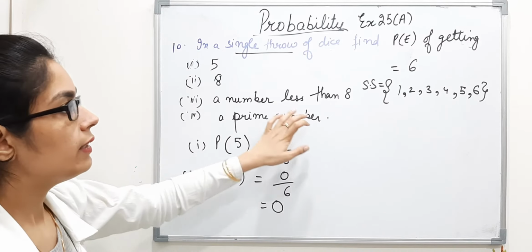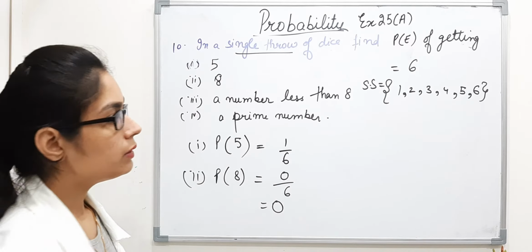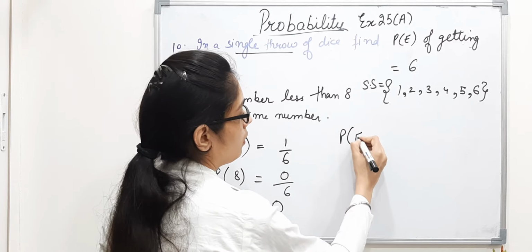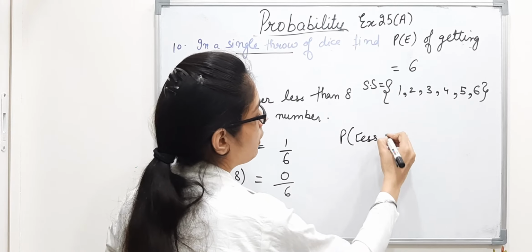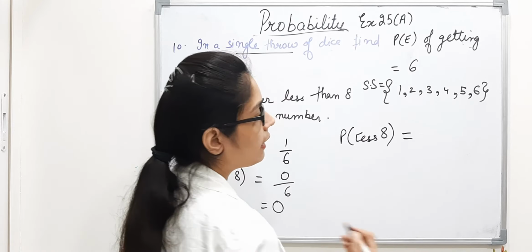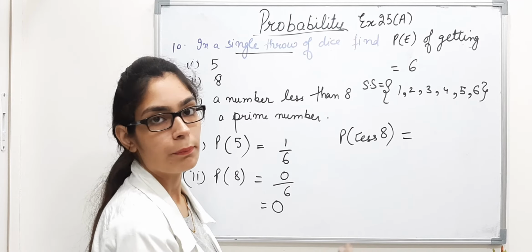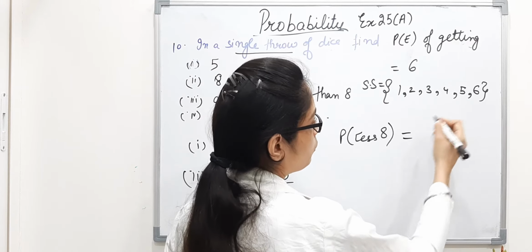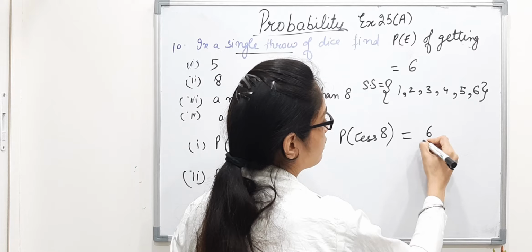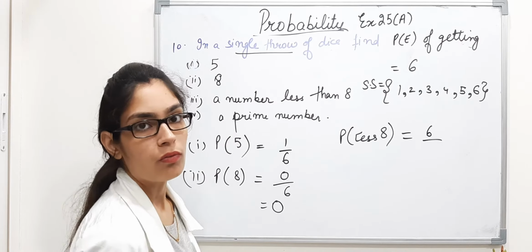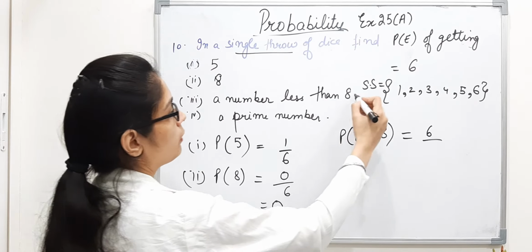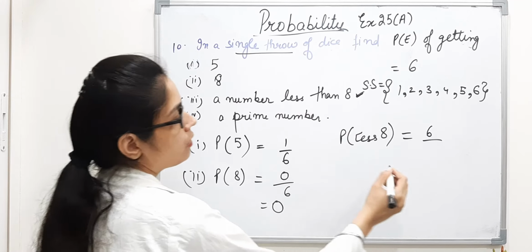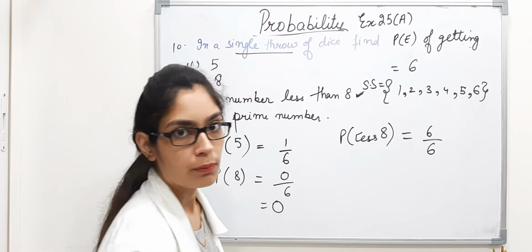Now, a number less than 8. All the numbers are less than 8. I can see 1 to 6, all of which are less than 8. So I can write 6. There are 6 outcomes which are favorable to E. This is E. 6 by 6, since the total number of outcomes is also 6.